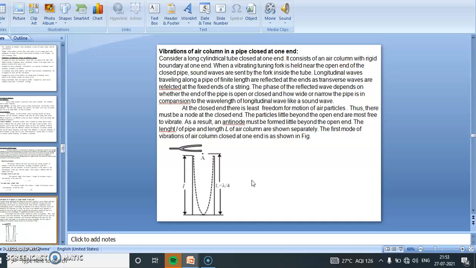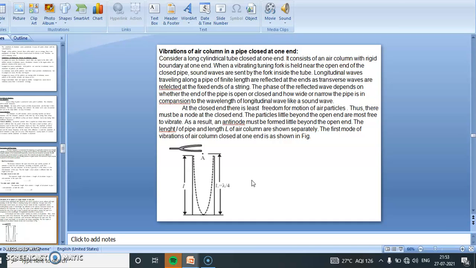At the closed end, there is least freedom for motion of air particles. Thus, there must be a node at the closed end. The particles a little beyond the open end are most free to vibrate. As a result, an antinode must be found a little beyond the open end.